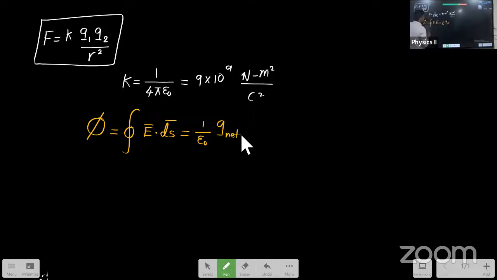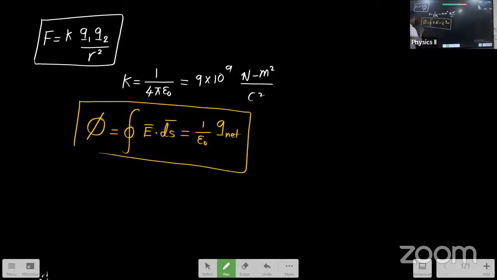So this was the Gauss law. And what is the statement that I have given for Gauss law? Total electric flux through any closed surface is equal to 1 by epsilon naught times the net charge enclosed. Further, we discussed 4 important uses of this Gauss law. And in the next question, we discussed electric field intensity, which we are going to continue now also.